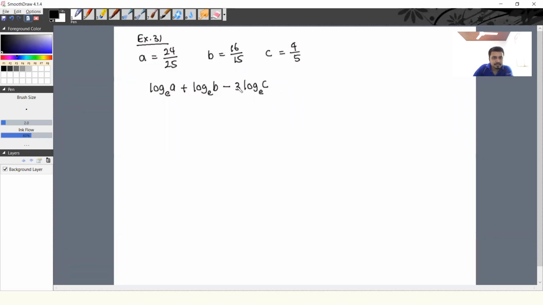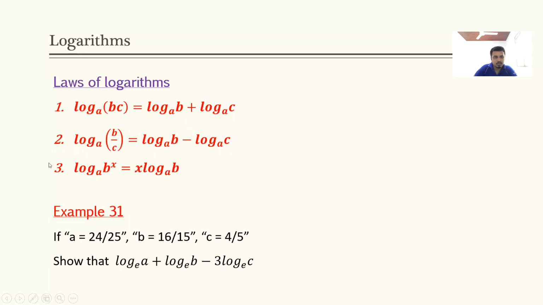Using the third rule of logarithm, this term 3 into log c to the base e, we should be able to rewrite as how? Using this rule, x into log of b to the base a can be rewritten as this.